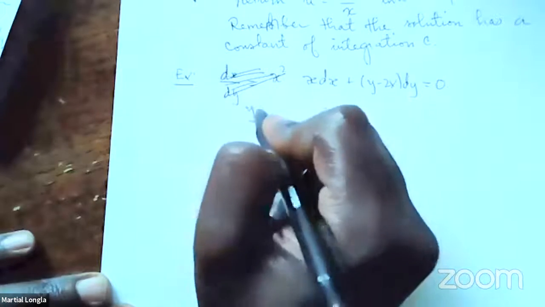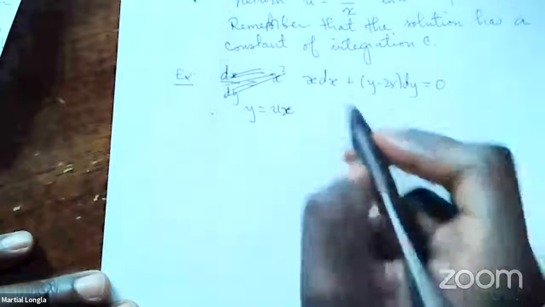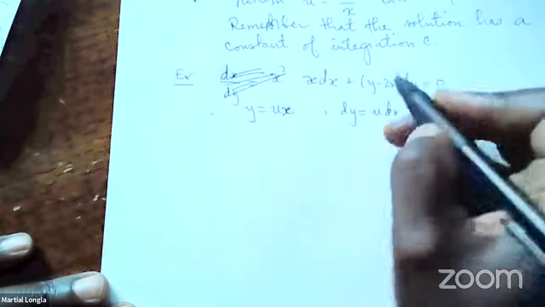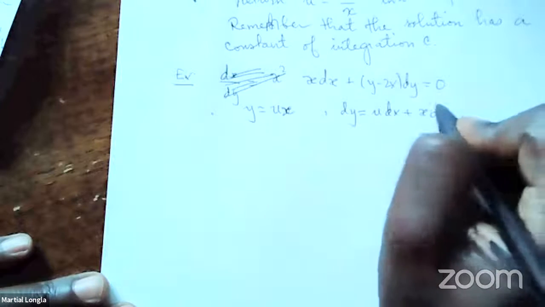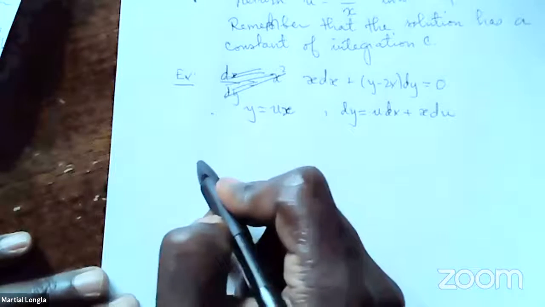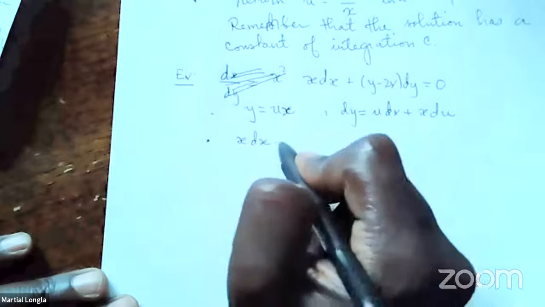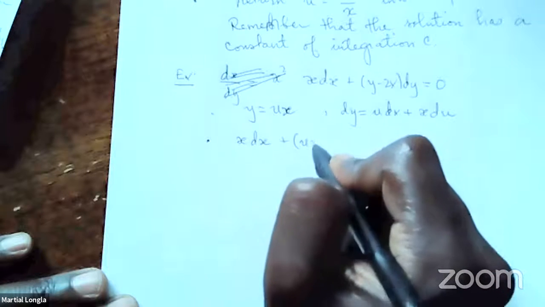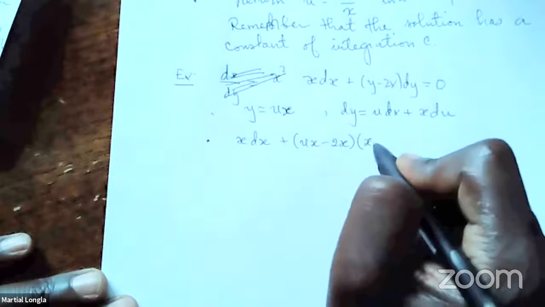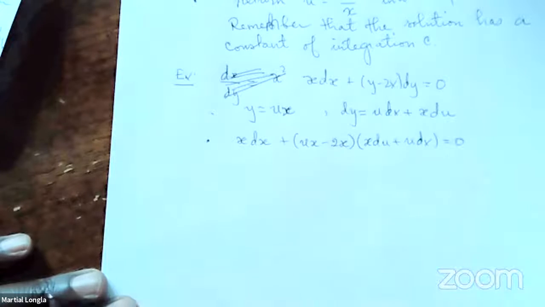Then we say y equals ux. So dy equals u dx plus x du. Substitute that in the equation, get x dx plus ux minus 2x times x du plus u dx equals 0.